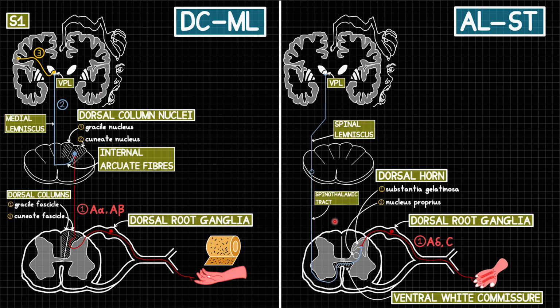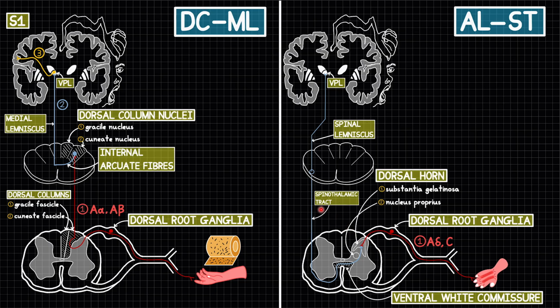Now, this ascending part of the second order neuron that's ascending through the spinal cord is called the Spinothalamic Tract. And yes, I know this is very confusing. In your lectures at university or wherever you are, you would have been taught that this entire pathway that we're going to look at is called the Spinothalamic Tract.